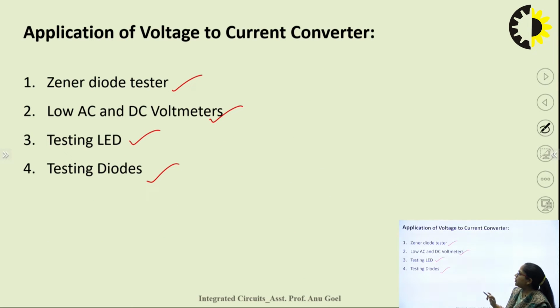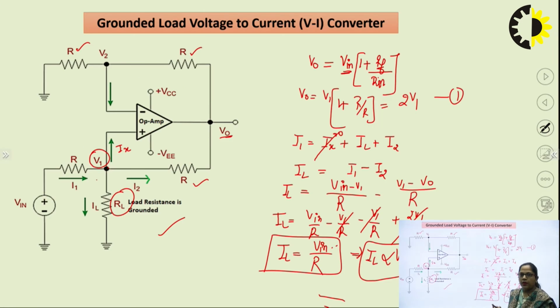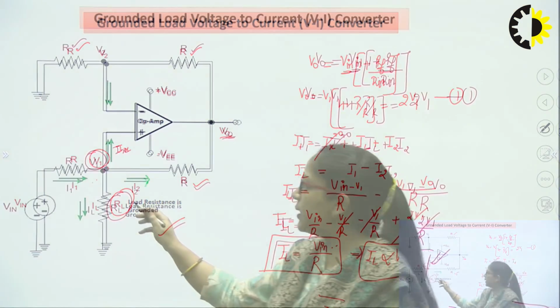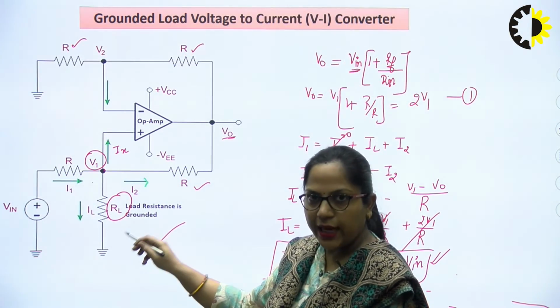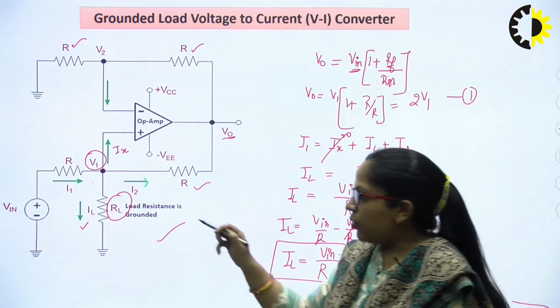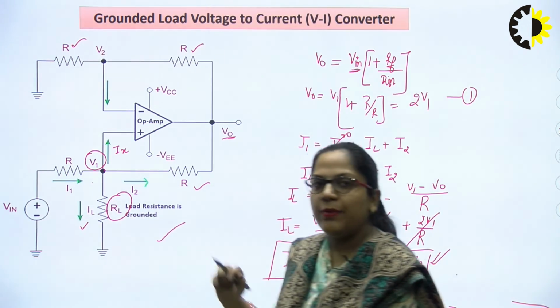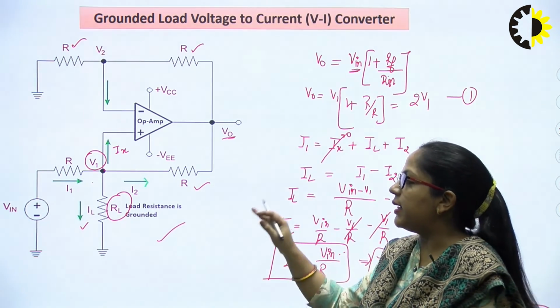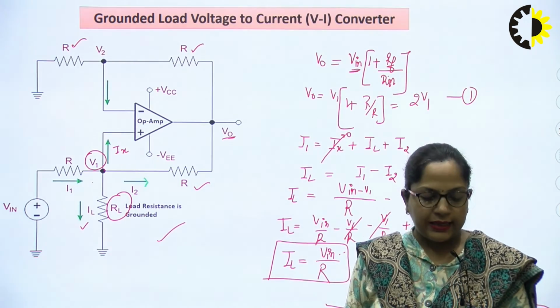Another application of this V2I converter is to find matching diodes. Matching diodes means if I have multiple diodes and I want to find out the identical ones, I replace the load resistance with the diodes, and if I get the same load current across two diodes corresponding to the same input voltage, then we can say that those two diodes are identical.